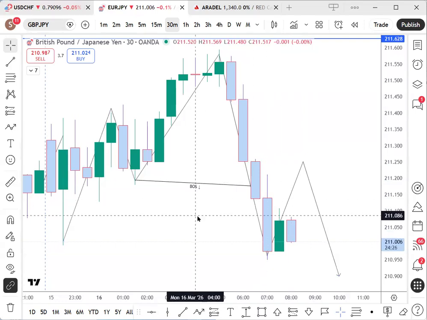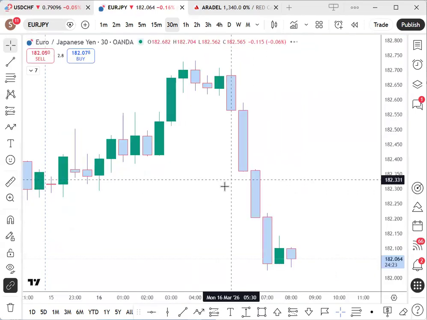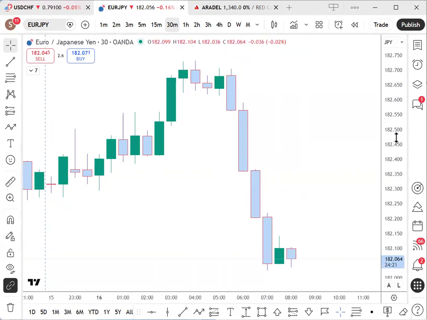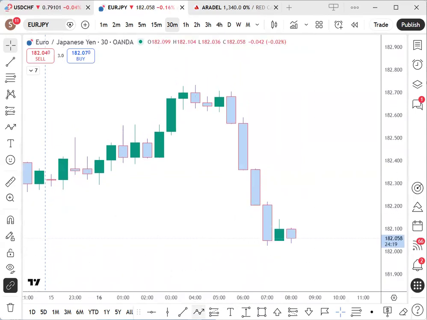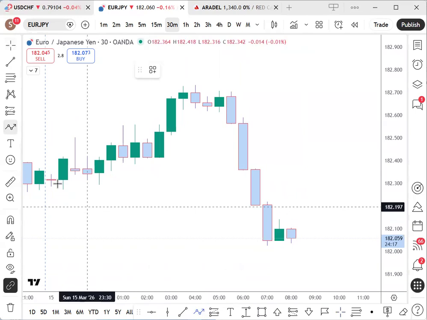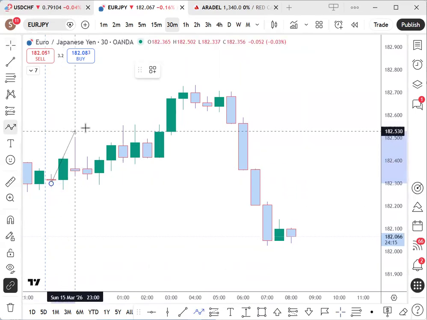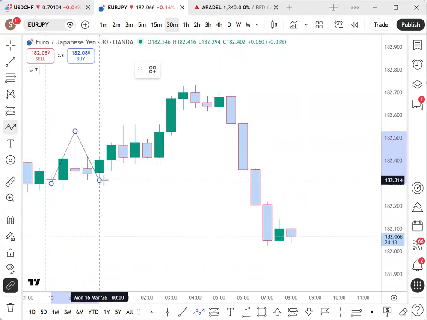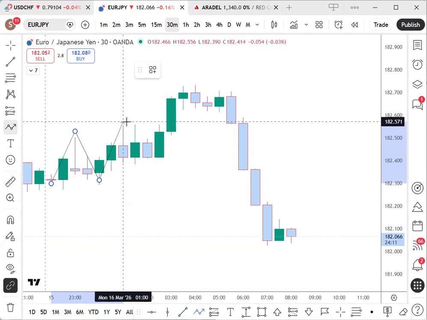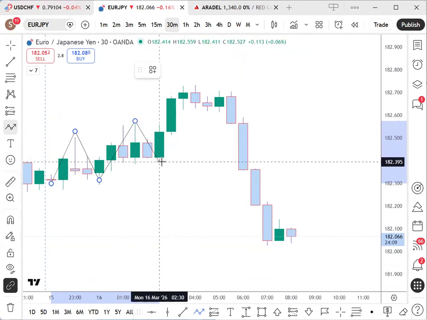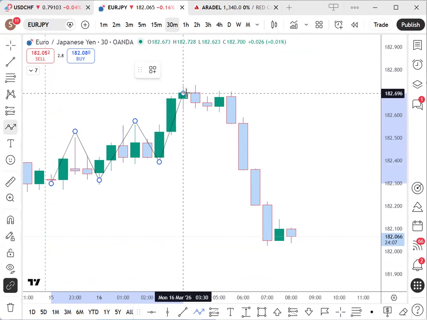But let's see if it pulls back again. Okay, on Euro JPY, a similar thing. It started out pushing up, a high there, a higher low, and then eventually a higher high, a higher low and a higher high.